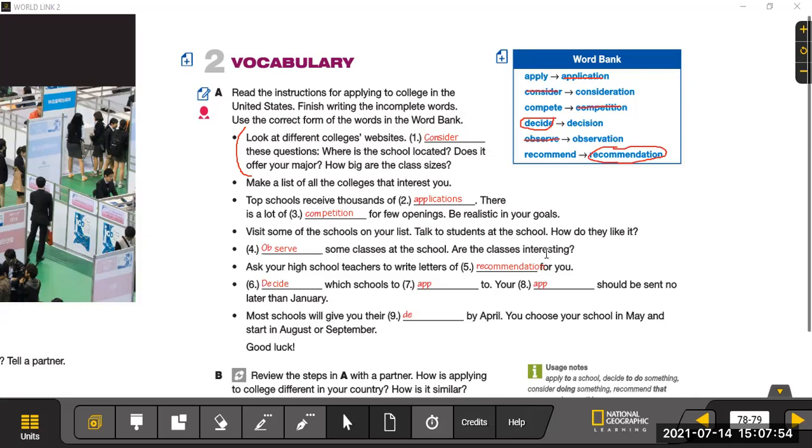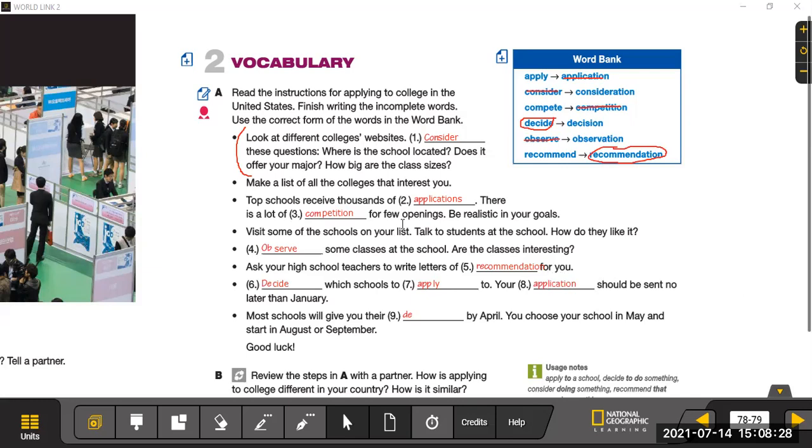To apply. Okay. And the other you say application. So we're using application 2 times.